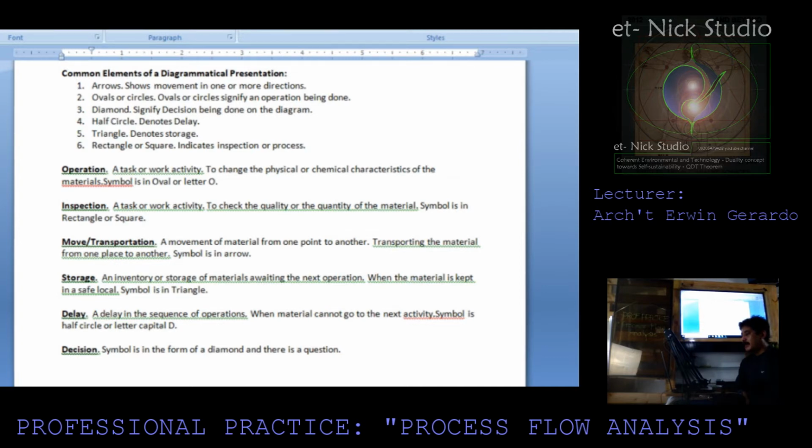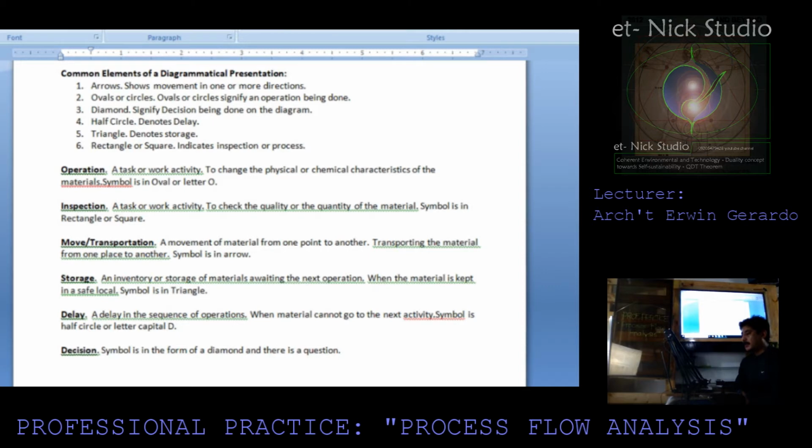So this will be presented in our later discussion. While the half circle or half moon denotes delay, or sometimes it is abbreviated as capital letter D. Number five, the triangle. It denotes storage or warehouse.